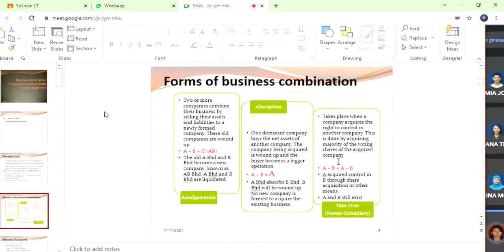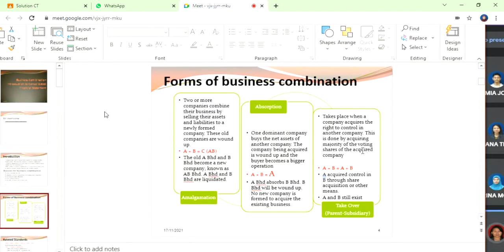What are the voting shares? Voting shares are the ordinary shares. So if A acquires the majority of the preference share capital of B, there is no control. Control only exists when the company acquires the ordinary shares, because it's only ordinary shares that have voting rights.